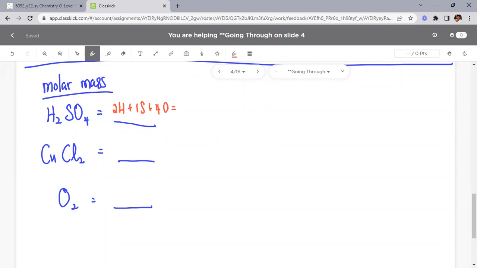You look at your periodic table, the mass of H is 1. The mass of sulfur would be 32. And the mass of oxygen would be 16. Sorry, not equal here, it's plus. So this equals 2 plus 32 plus 64. You're going to get 98 over here.